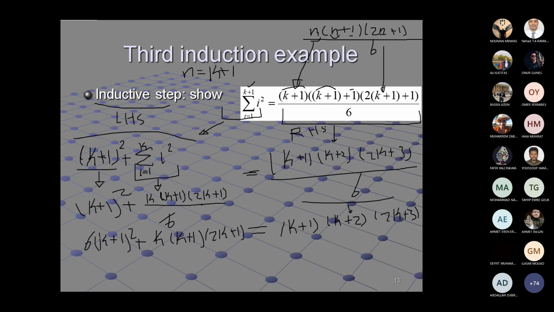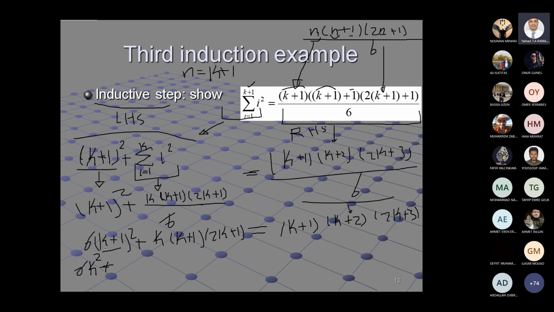Okay. Now, let's open this one. It's k to power 2 multiplied by 6. So 6k to power 2 plus k multiplied by 1. This is a perfect square, (k plus 1) to power 2.